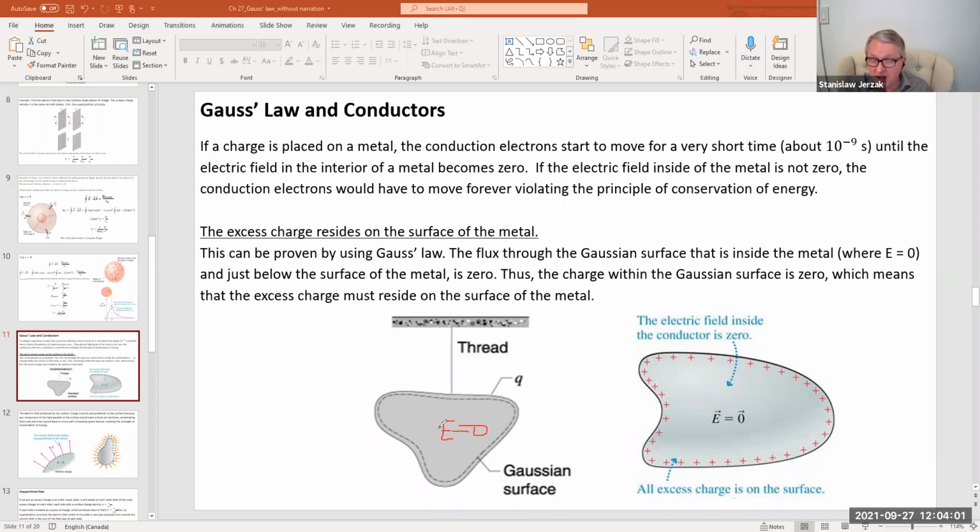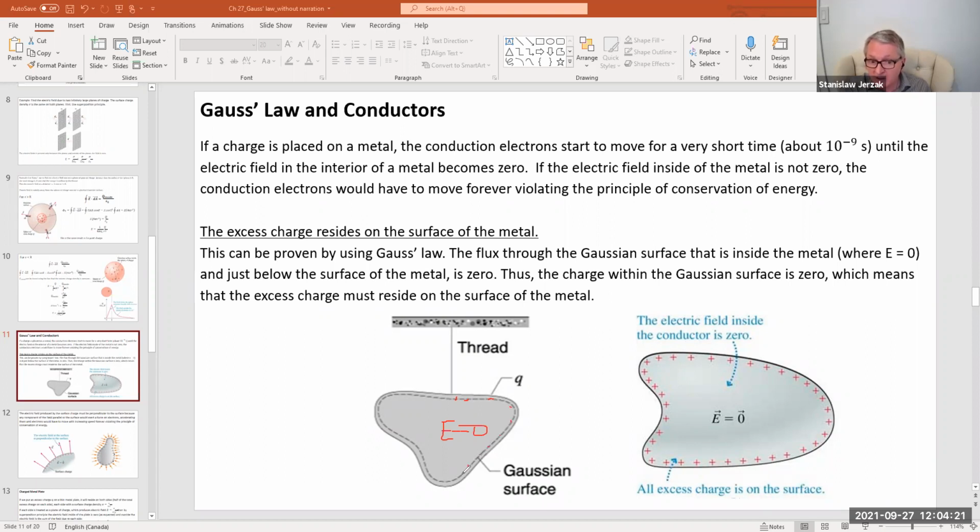Because the electric field inside of the metal is equal to 0, at every point on that surface the electric field is 0.